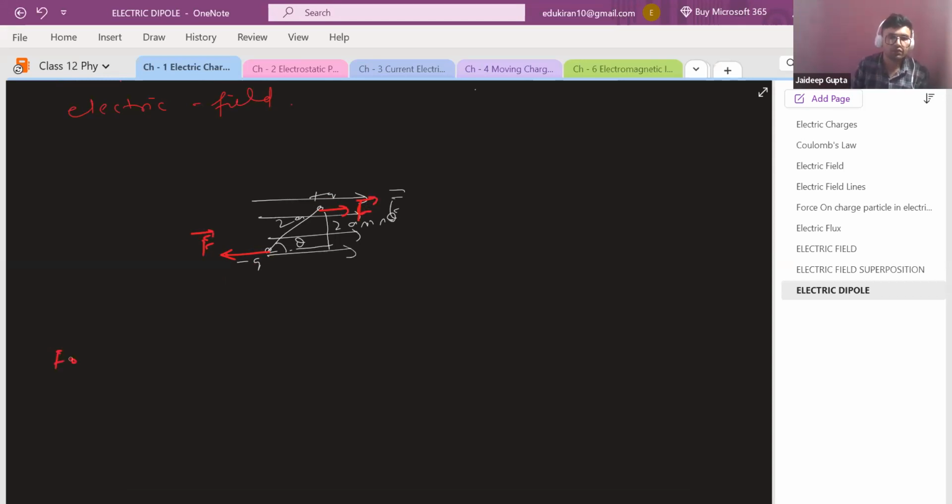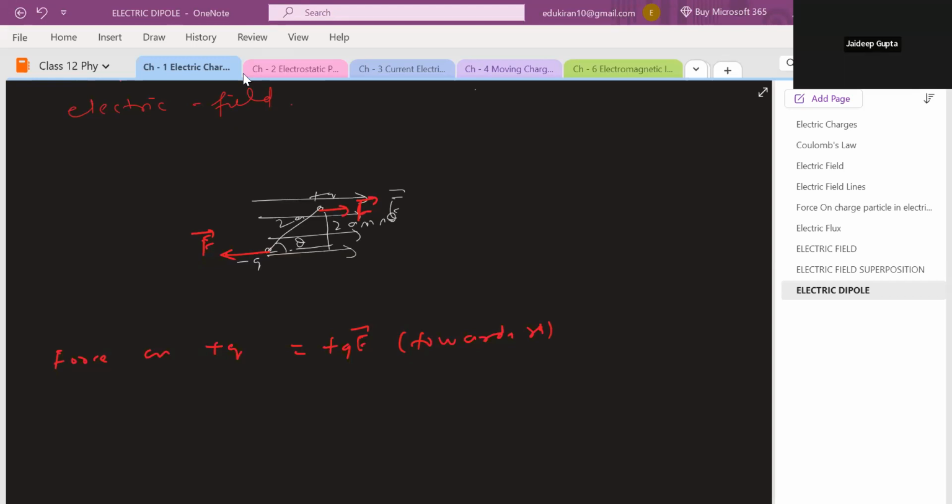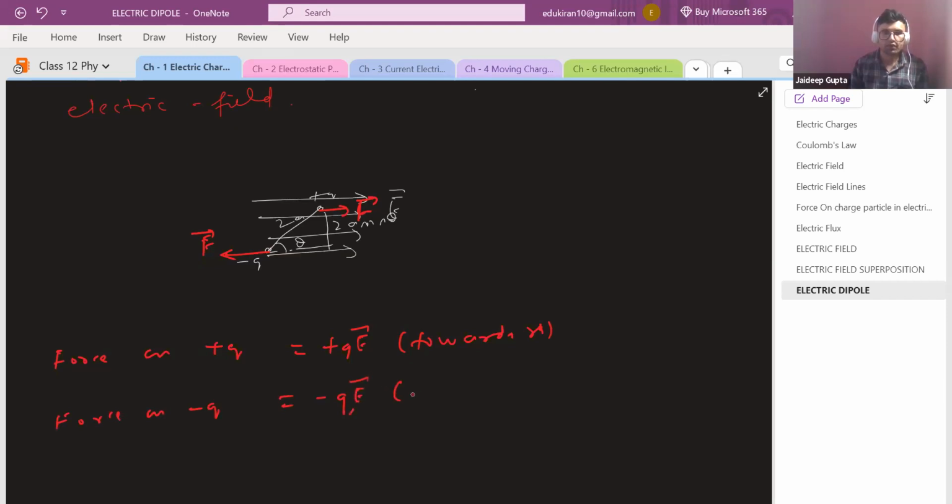Now, force on plus q equals plus qE, that is towards right. Force on minus q equals qE towards left.